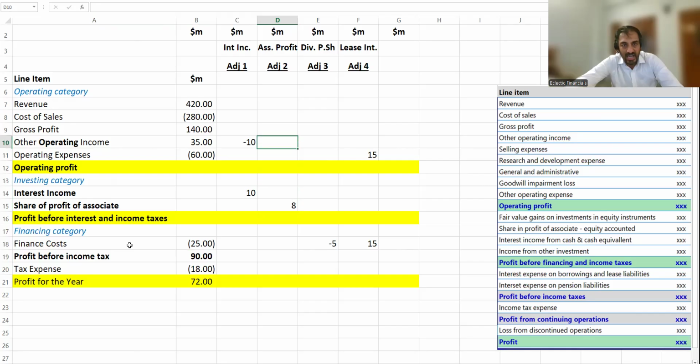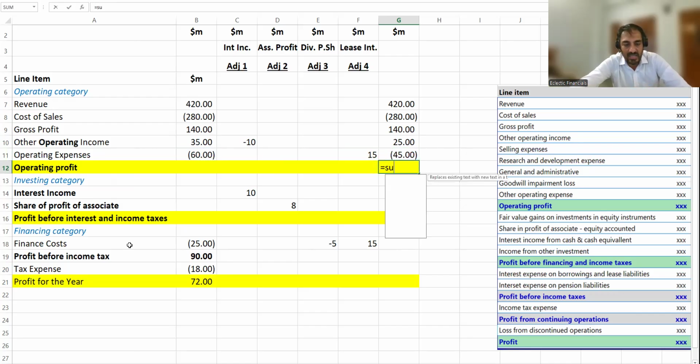Okay. Now we have to adjust all the things. Quick: 420, 280, that's gross profit. Then 35 plus this 25, 60 plus this 45. Make a sum from the gross profit.